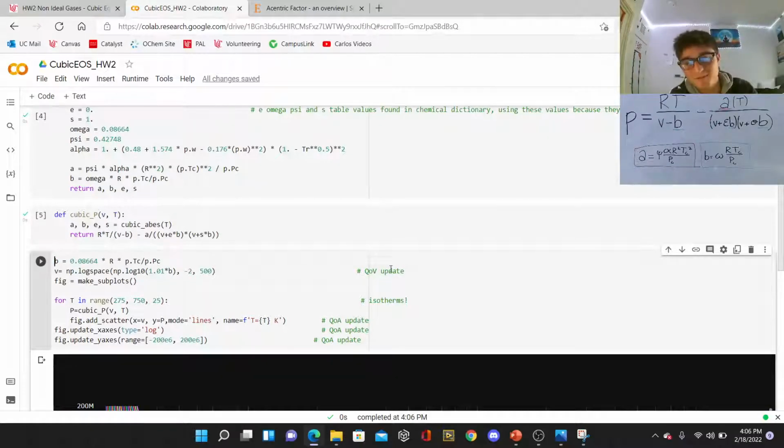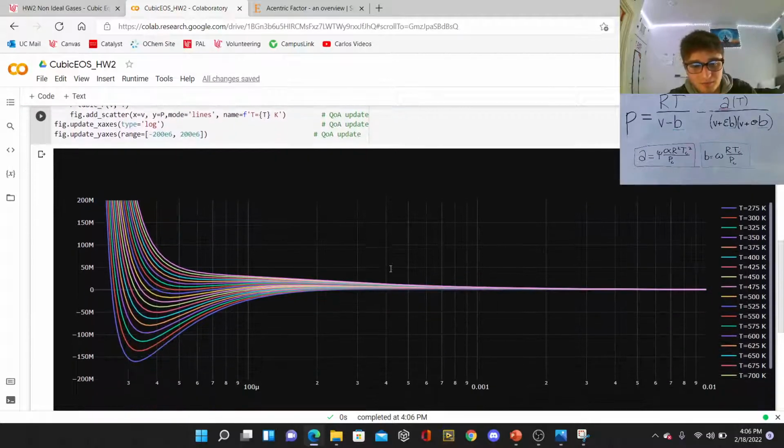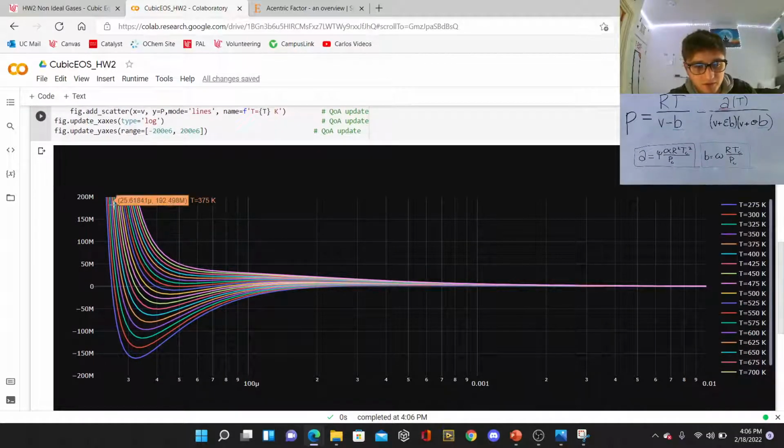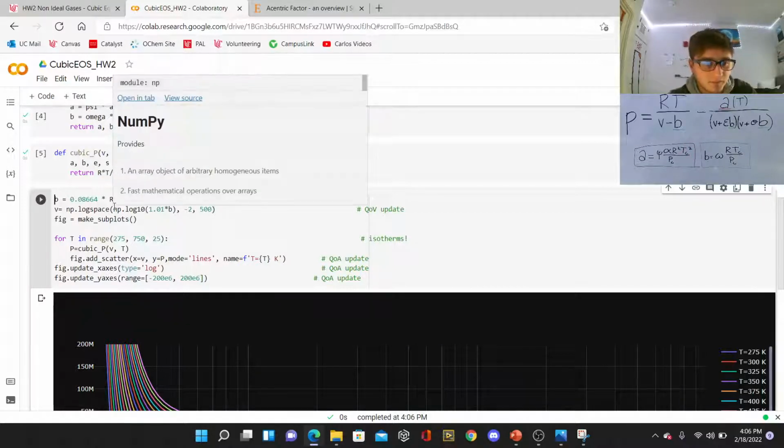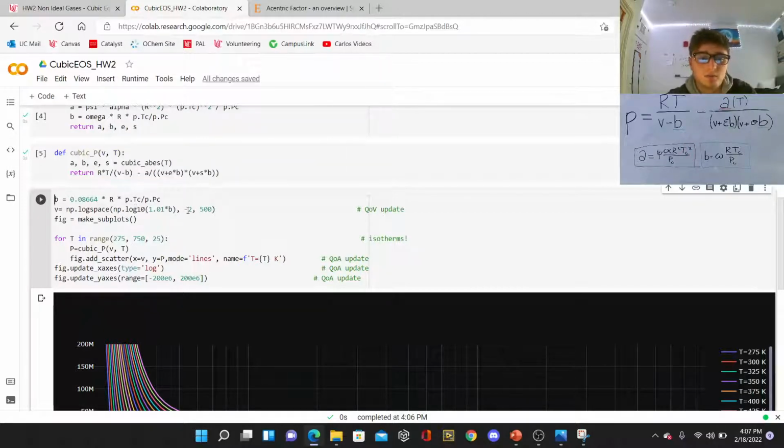That's what I like to call that. If we didn't do that, we would have some values up here, and then a bunch scattered down here. But if we use log space, it gives us a lot smoother curves. So that's a quality of value update, is what I like to call it. We're going to have 500 evenly log spaced points between log base 10 of 101% of B, so 1% more than B, to -2.